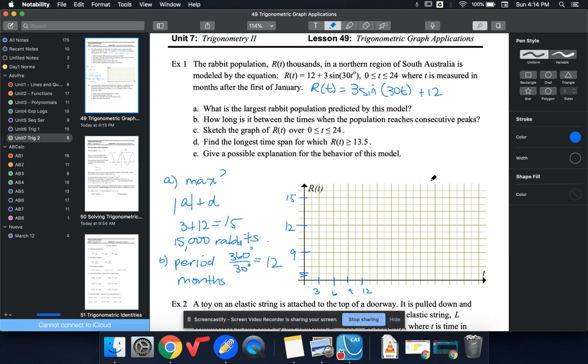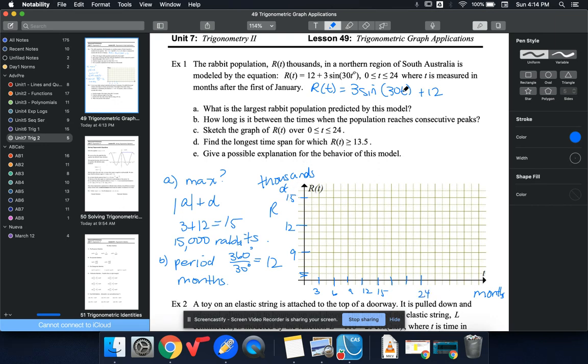So here's my center line at D. And then I'm going up 3 and down 3 with my amplitude. I'm measuring this in thousands of rabbits. And this is being measured in months from January. So 12, that's going to be 15, 18, 21, 24. There's where I'm going to stop.